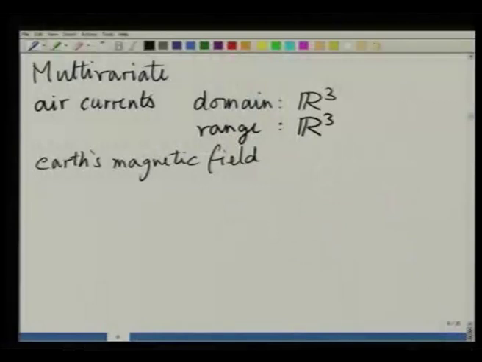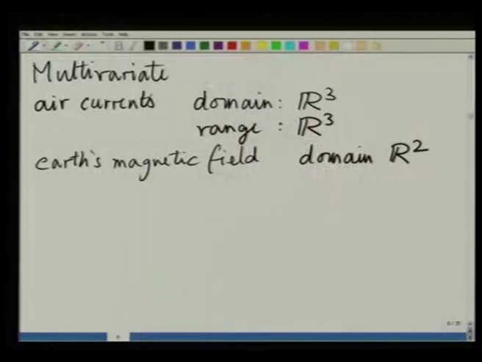And latitude and longitude are both real quantities. So, the domain becomes two dimensional, one for latitude, one for longitude. The range is another question. Here we want to represent the magnitude and direction of the Earth's magnetic field.